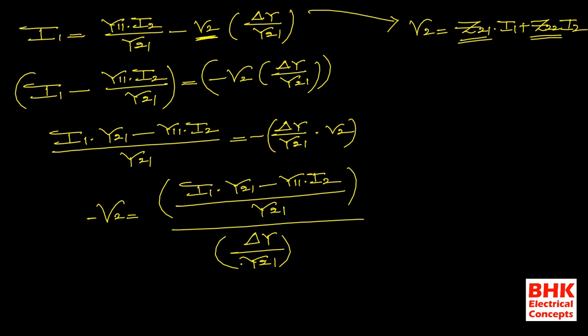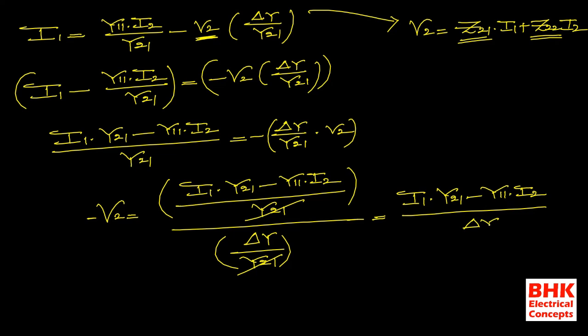Now in this expression, just see here, the numerator term has the denominator y21, and the denominator term again has y21. Here we can simply cancel these two, then the remaining term is I1 y21 minus y11 I2 divided by delta y.